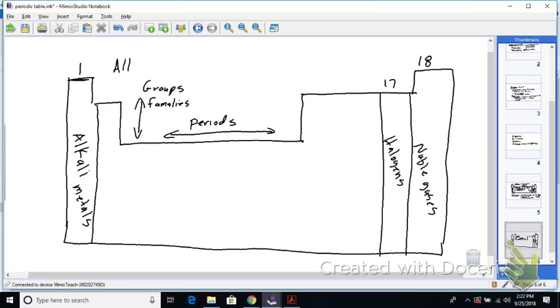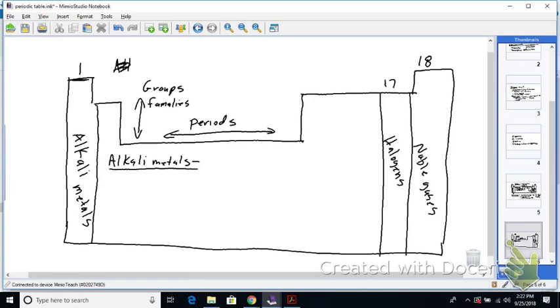So groups and families go up and down. Periods go across. Okay, so in here, I'm going to put the first group. It's called alkali metals. You guys can write it down below if you got room. We're already in the middle of our periodic table. I'm just going to write smaller.